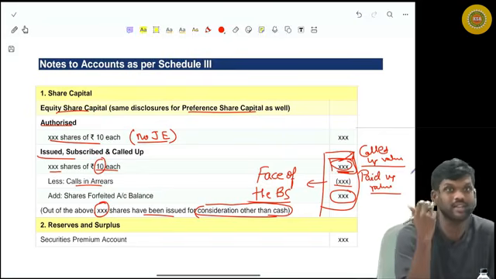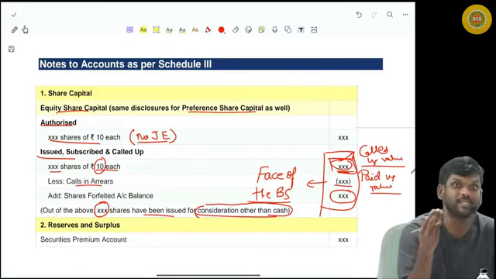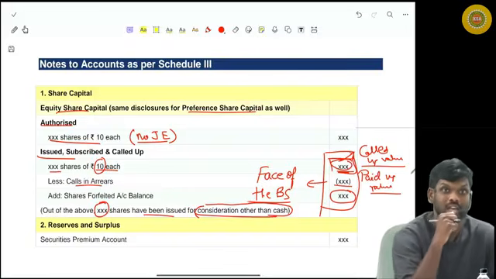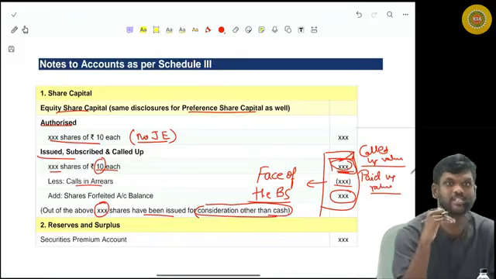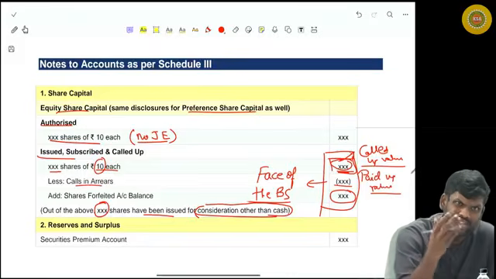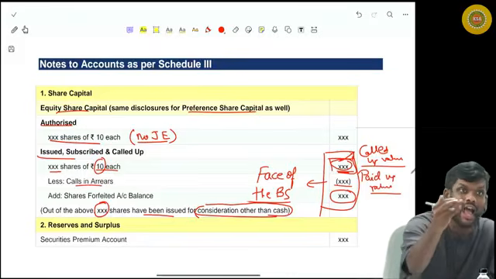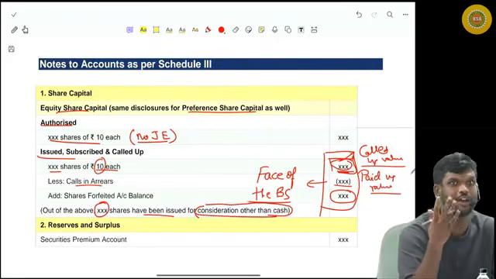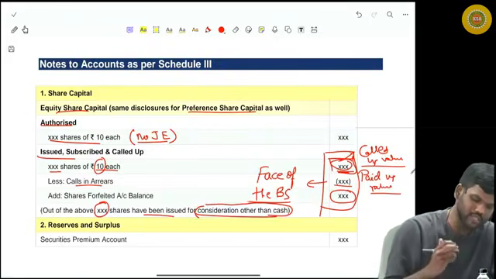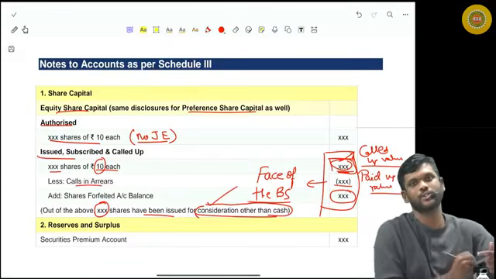You have received something else. For example, you have purchased plant and machinery by issuing shares. You have purchased land and building by issuing shares. You have purchased furniture by issuing shares. You have received something else in return other than cash, or you have issued fully paid up bonus shares where you will not receive cash itself. Those cases should be separately disclosed.